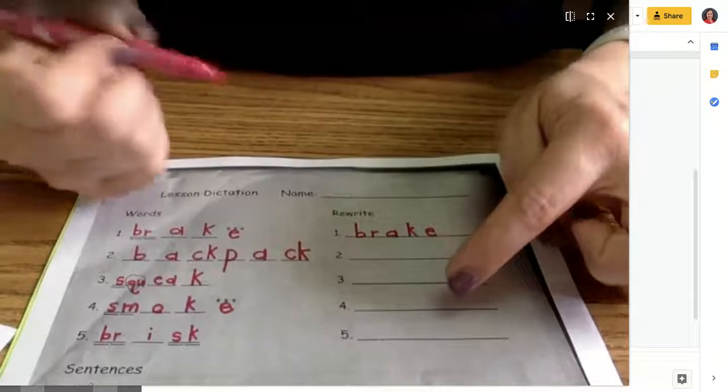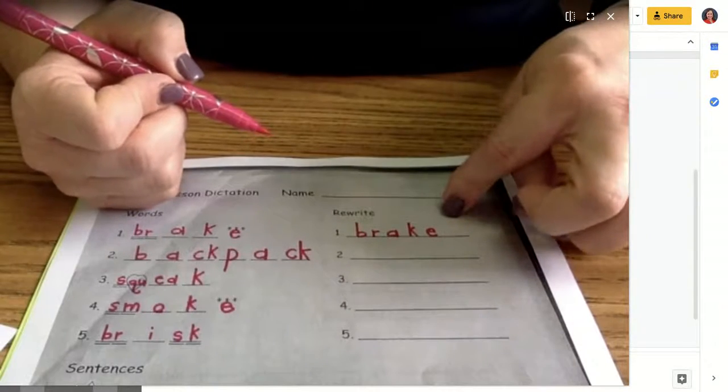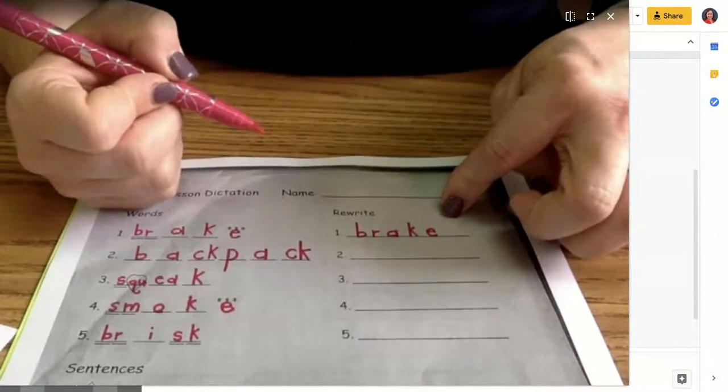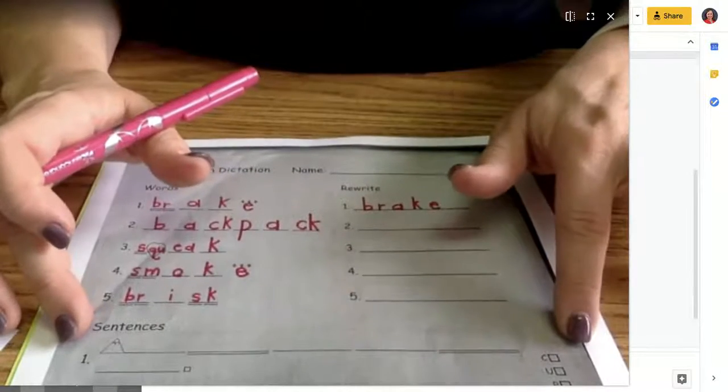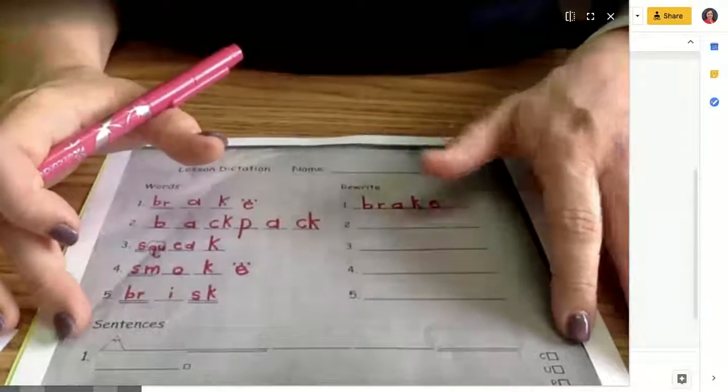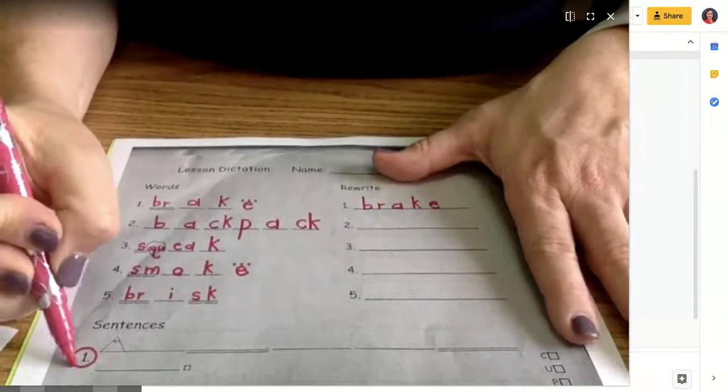Okay. Now, if you did this page, you would go over here and rewrite all of your words. I'm moving down to the sentences. All right, sentence number 1. Did the cat like the chick? All right, let's count the words in that sentence.